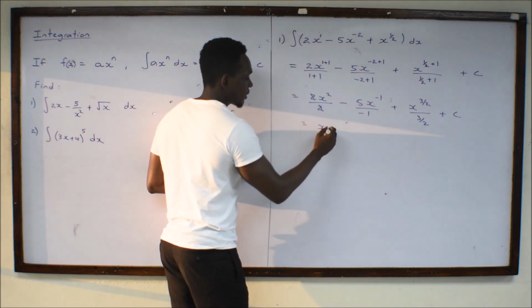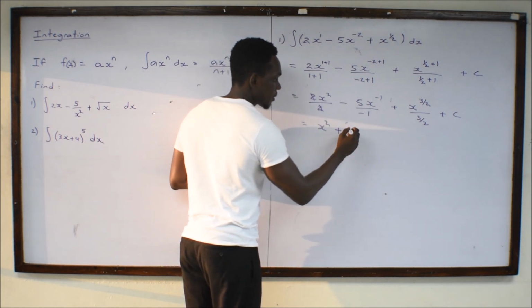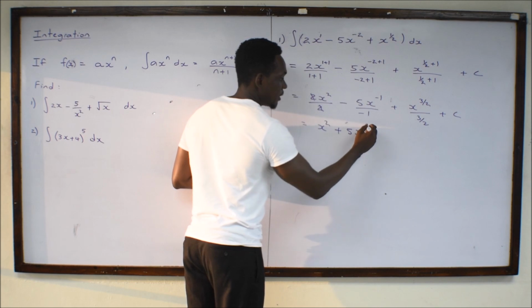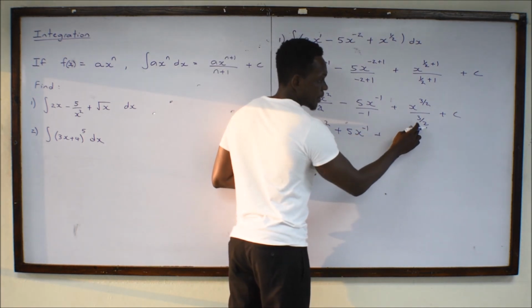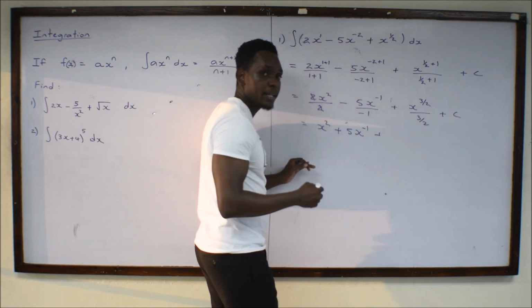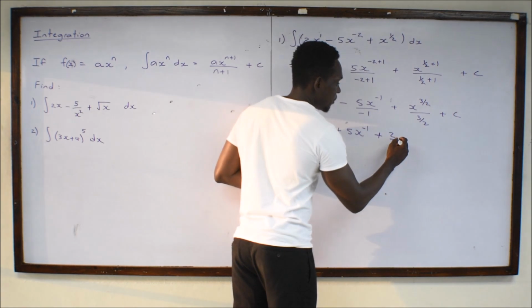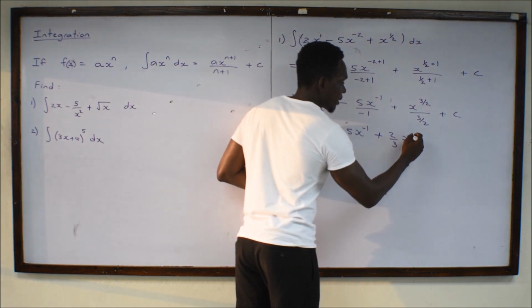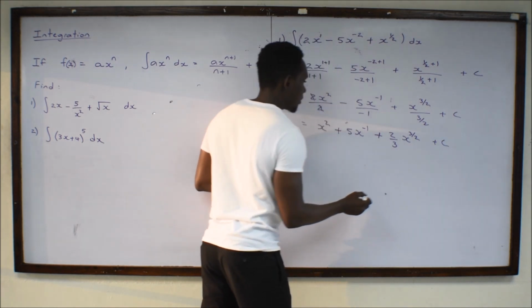We have x squared, negative divided by negative, so plus 5x to the negative 1, plus, dividing by 3 halves is the same as multiplying by the reciprocal, so plus 2/3 x to the 3 halves plus c.